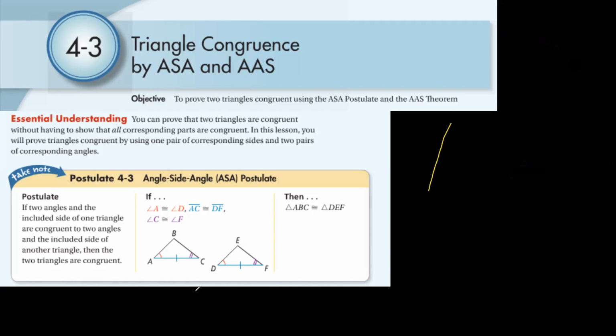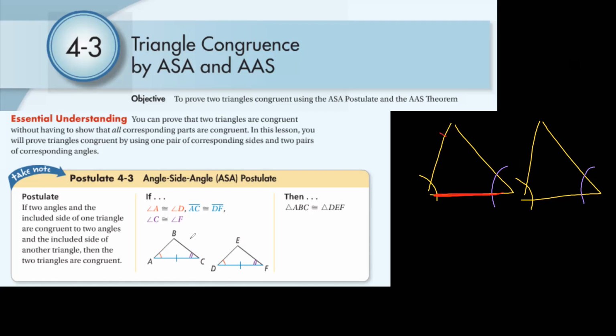That means if you have this triangle and another triangle, as you see from here, if this angle is congruent to this angle, and this angle is congruent to this angle also, then the included side between them must be between these two angles.